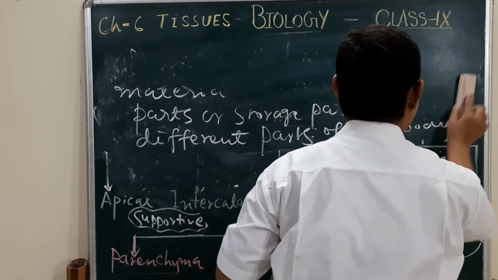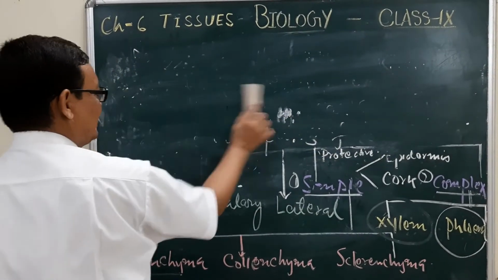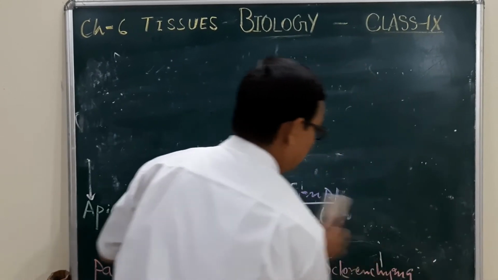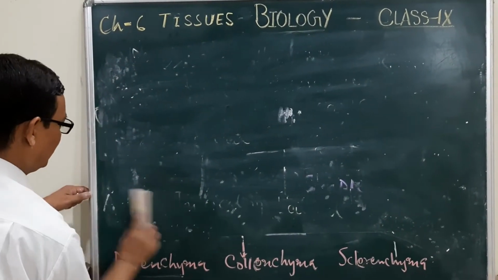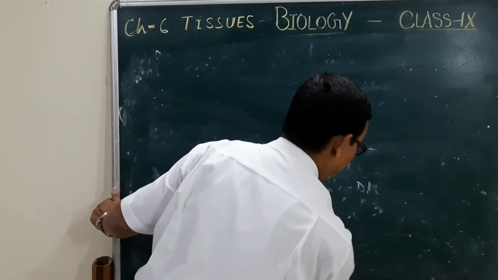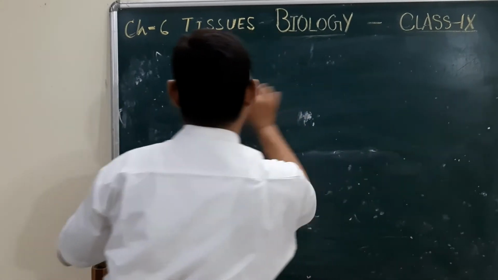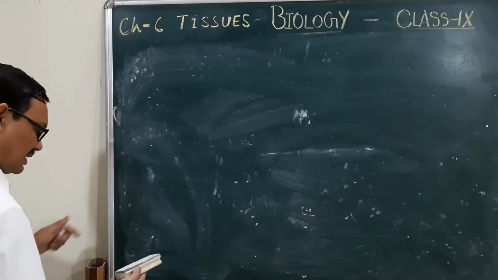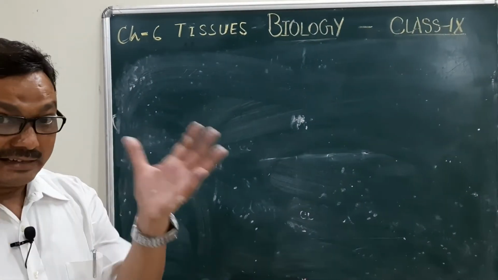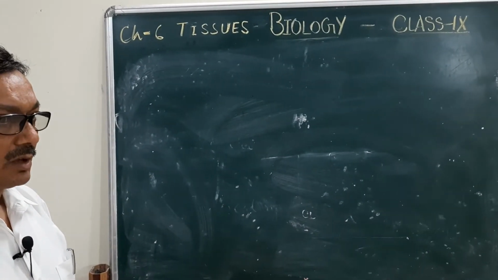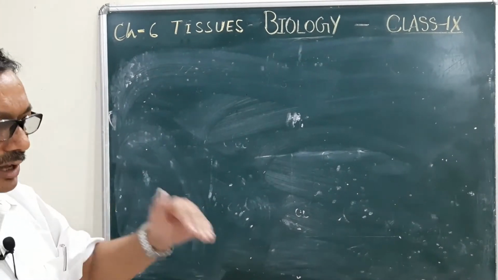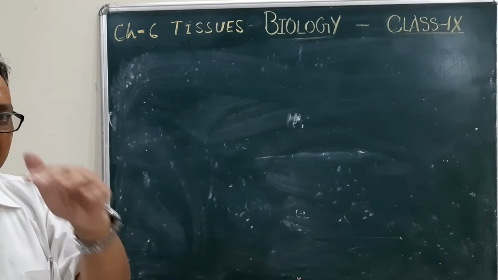Now, let us start the first type of plant tissue, that is the meristematic tissue. First, I would like to give you an idea of the different points depending upon which you can study.